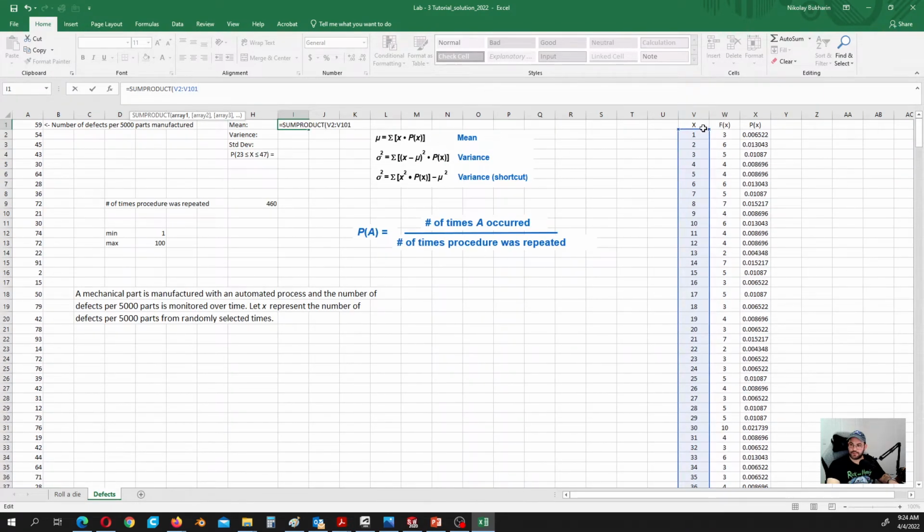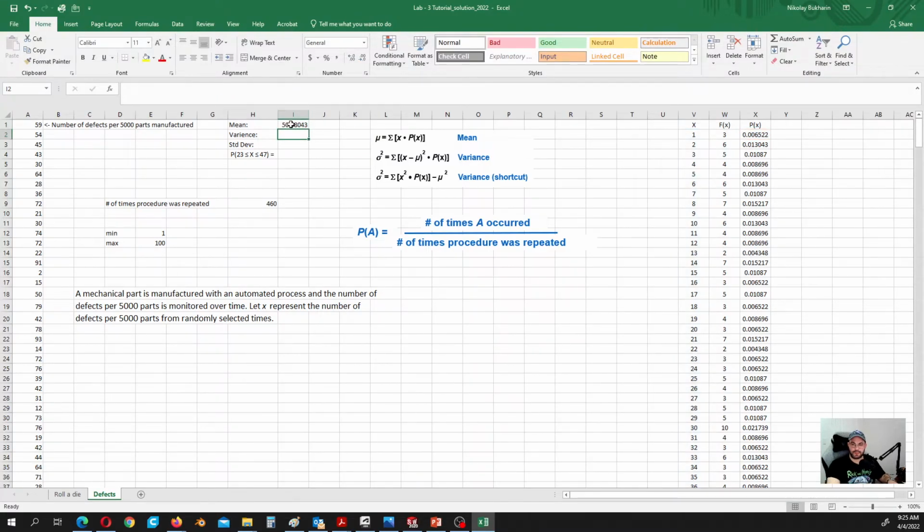Since we are shifted by 1, it's going to be to 101. Okay. And here we have probabilities. They go from x2 to x101. Good. So that's our mean.